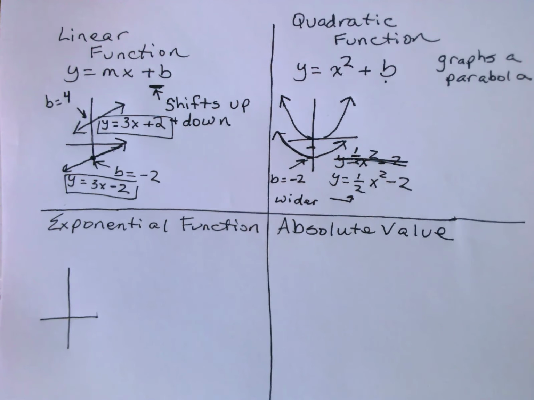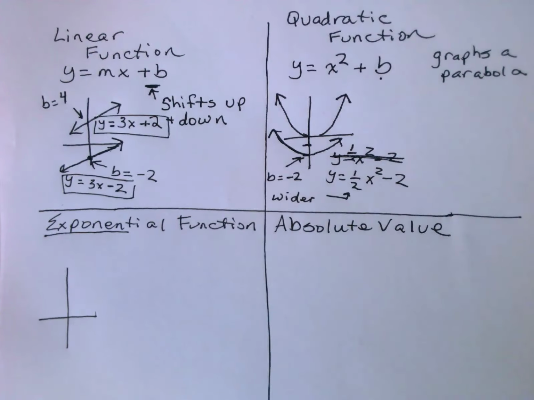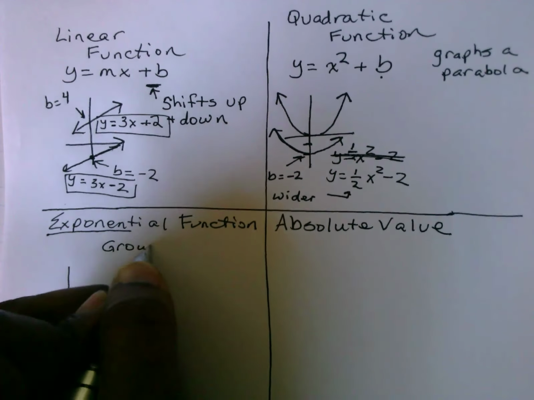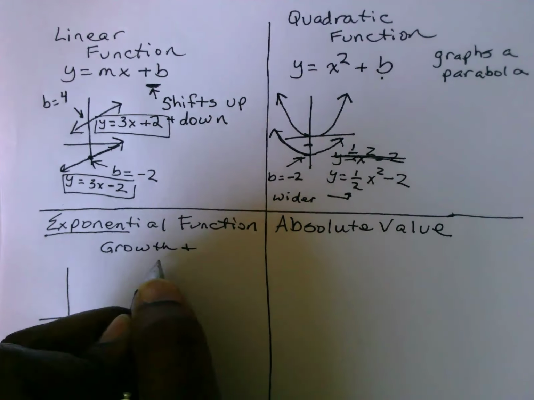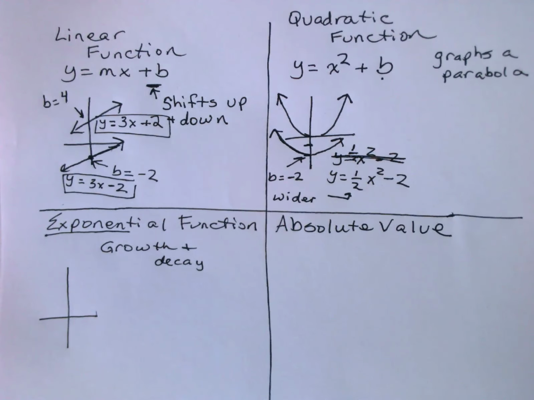The exponential function has an exponent in the function, like the word exponent. They represent growth and decay, okay? So if something is growing or if something is decaying, you can represent it with an exponential function.